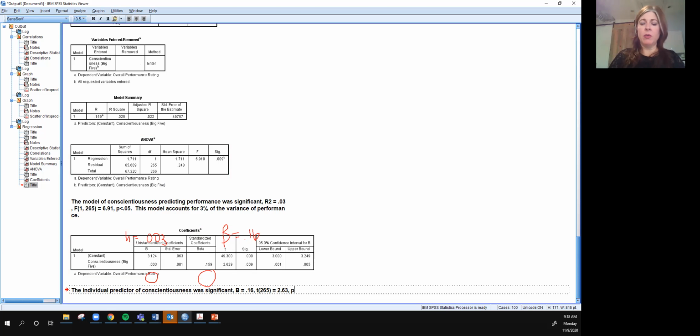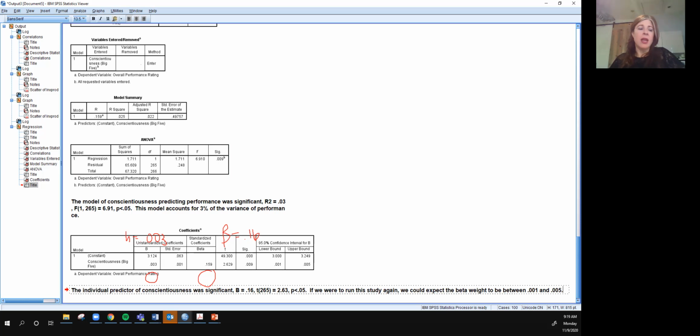And my P value is, P is less than 0.05. And you can also see our confidence interval. If we were to run this study again in the same organization, we could expect the beta weight to be between 0.001 and 0.005.